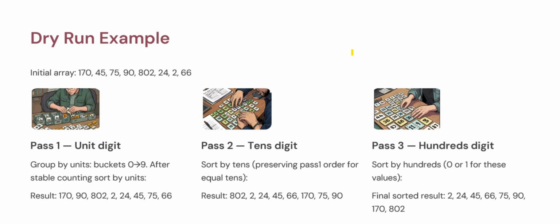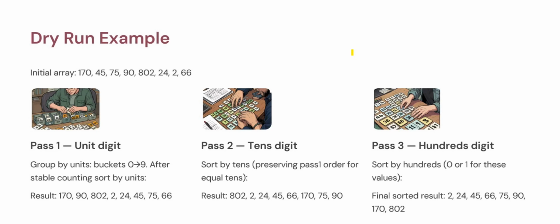Pass 2, tens digit. Now we look at the tens place. 7 in 170, 9 in 90, 0 in 802, 0 in 2, 2 in 24, 4 in 45, 7 in 75, 6 in 66.